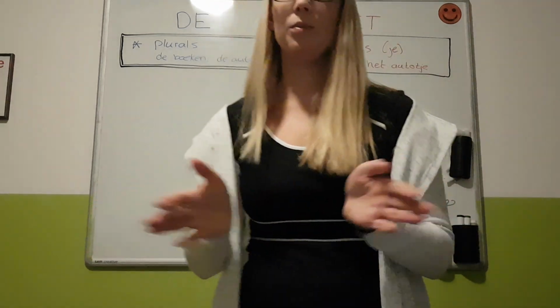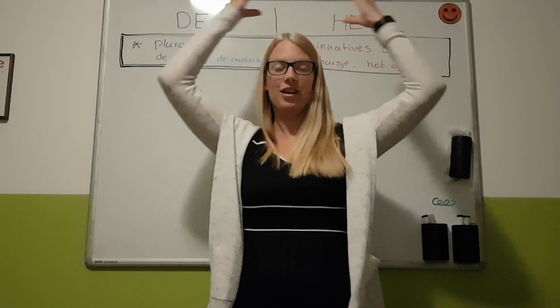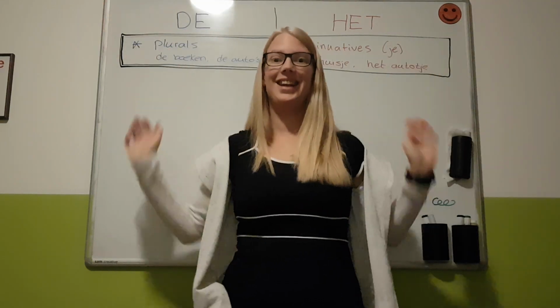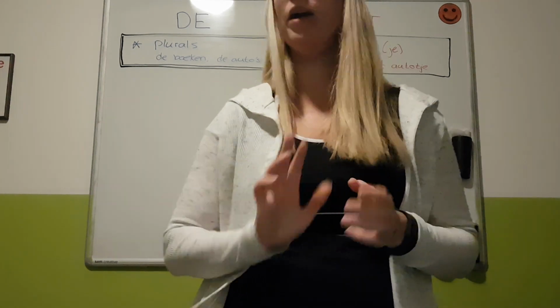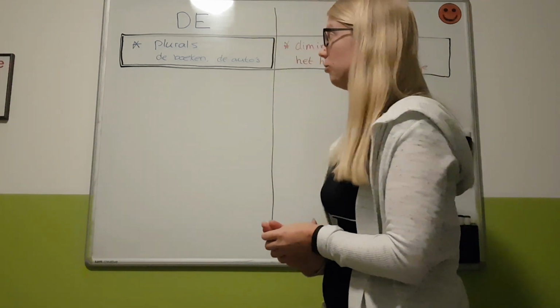So those are the two most important rules, and they are like dominant, more dominant than any other rule I'm going to explain to you from now on, right? So these are the two main important dominant rules.